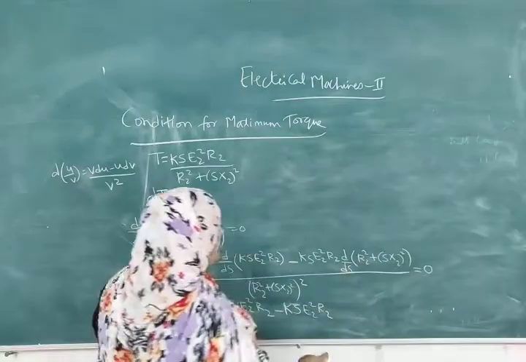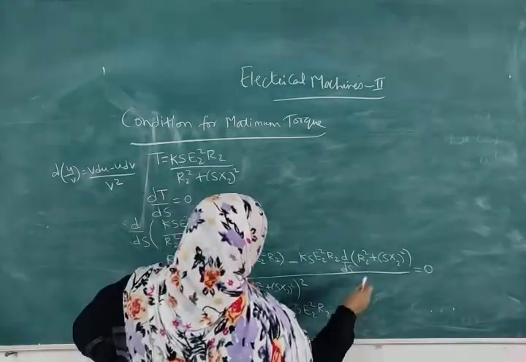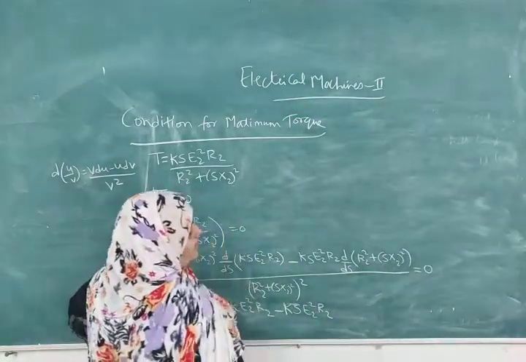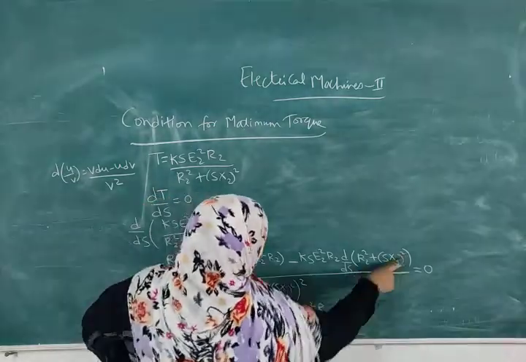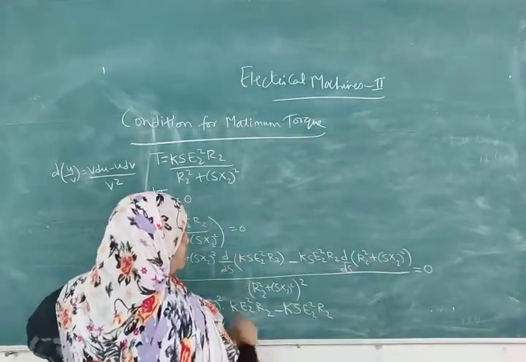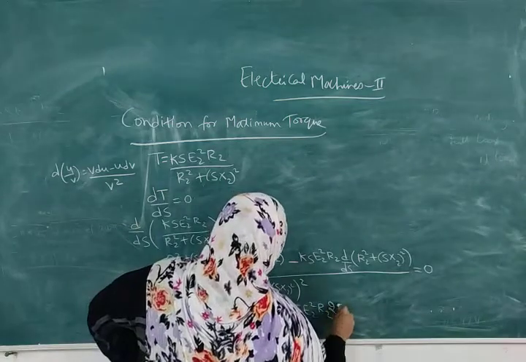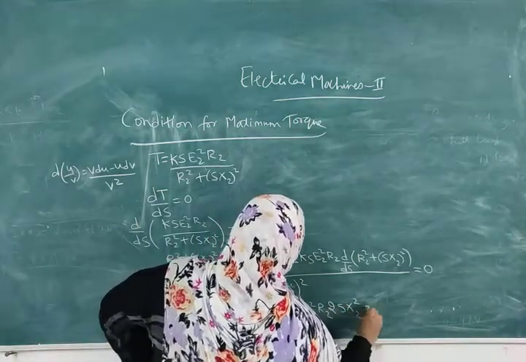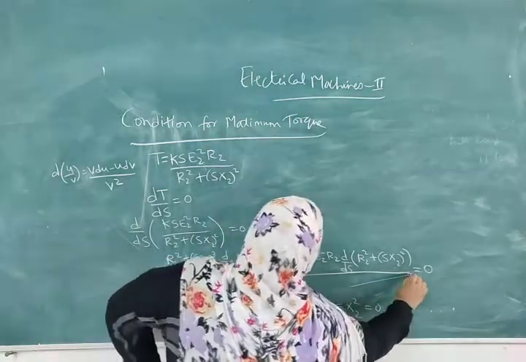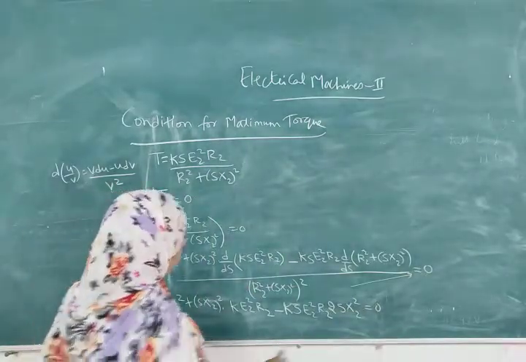R2 is constant, so differentiation of a constant is 0, and here s square is there and x2 square is constant, and differentiation of s square is 2s. So I can write 2s x2 square, and when we cross multiply this will become equal to 0.